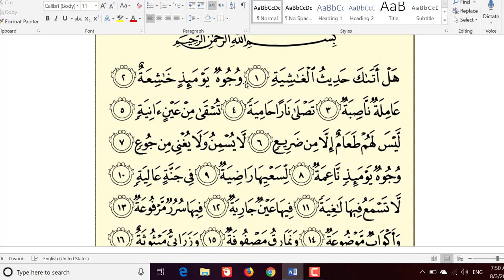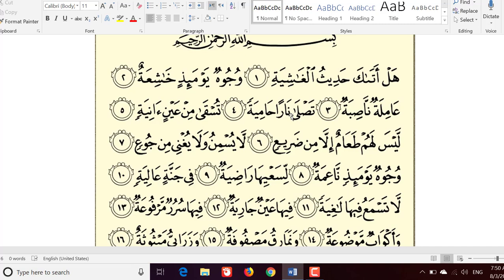Tosla naran hamia. So here hamia is not describing faces now. It's describing nar. They will remain in a hot fire. Okay, so nar, we benefit from this, that even though nar does not have a ta marbuta, it is treated as feminine.